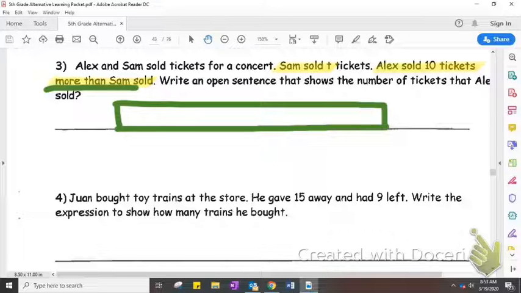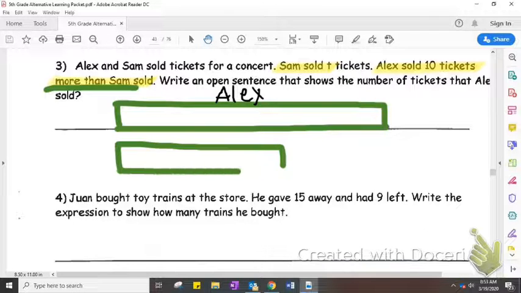Okay, and I'm going to label it Alex. All right. Now Sam sold less. So I'm going to make a smaller bar. Sam. And they told us Sam sold T tickets. That variable T stands for a value. We just don't know what it is.